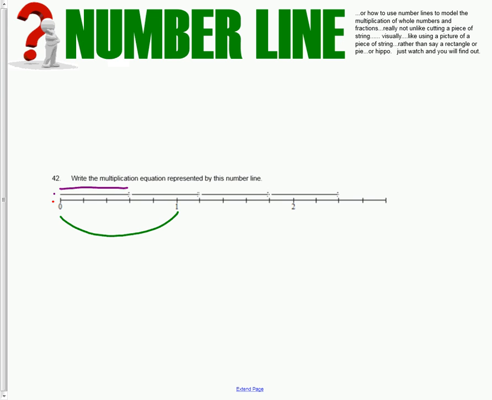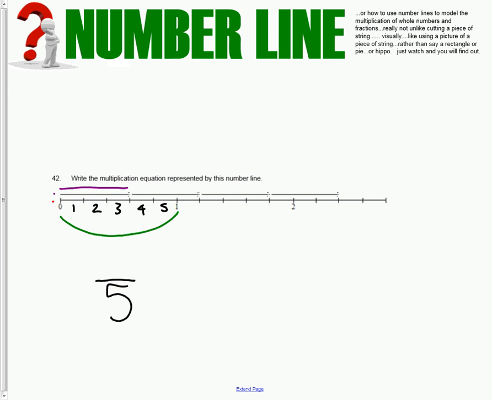So I want to find out what kind of fraction it is. In order for me to do that, I have to be able to tell how many pieces are in a whole, and then that'll be my denominator. My numerator will be the number of pieces that are indicated by my line segment. So I can see here that I have 1, 2, 3, 4, and 5 pieces in my one whole. So my denominator is going to be 5.